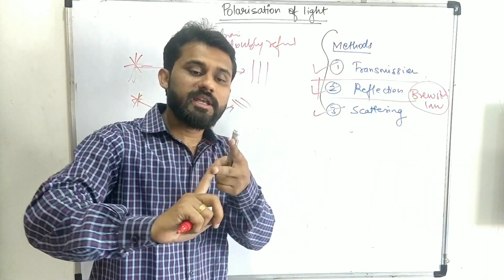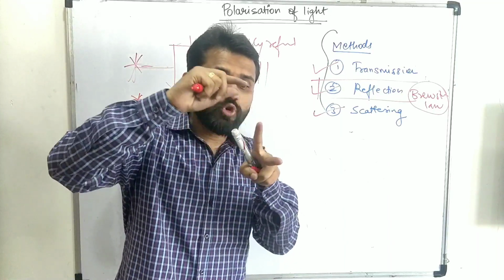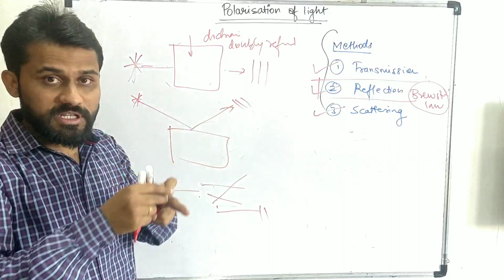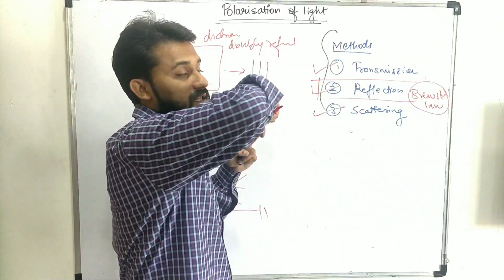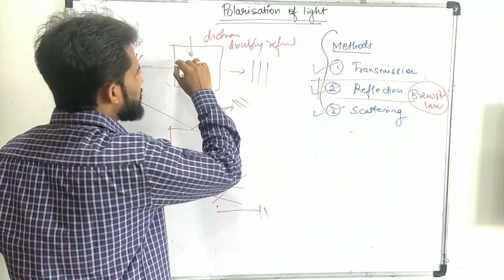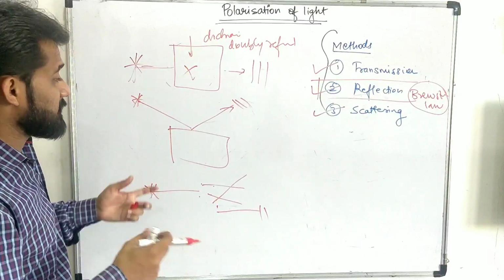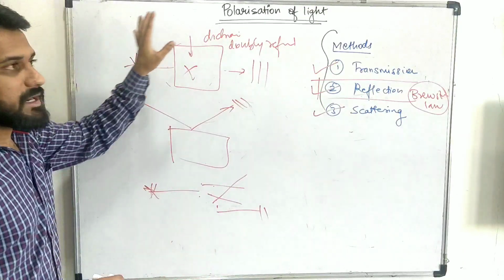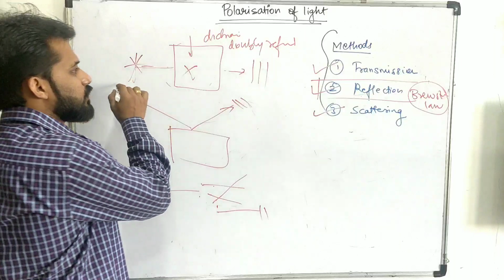One is the ordinary ray, the other is the extraordinary ray. If you remove the ordinary ray somehow, then the extraordinary ray is polarized light. But we don't have it in the syllabus. It was in the previous syllabus, before 2013. In 2013 it was changed and this part was removed. So don't worry about this.